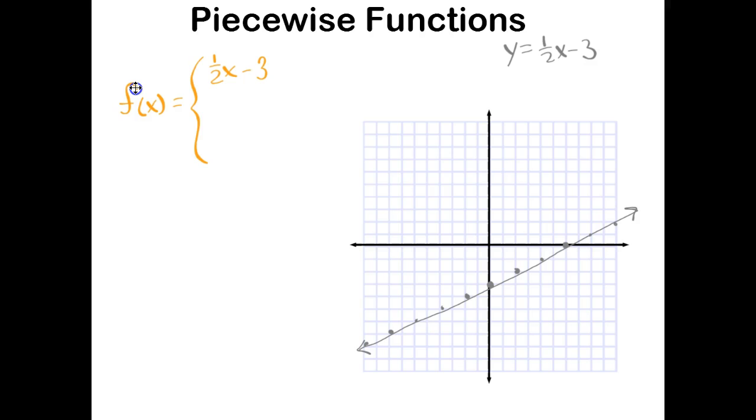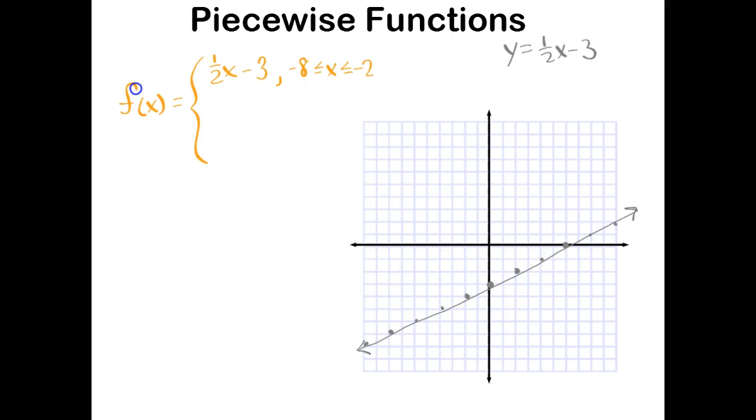But now we're going to add a domain restriction. We're going to say that we want this between, how about -8 and -3. Actually, I lied, let's do -8 and -2. And you'll see it written in interval notation like this most of the time.